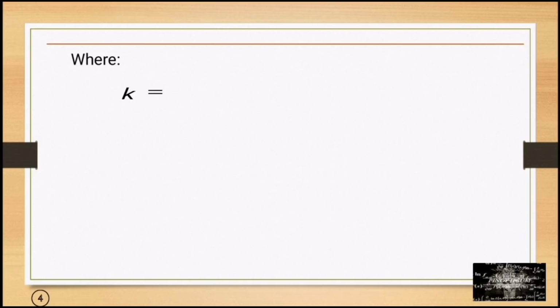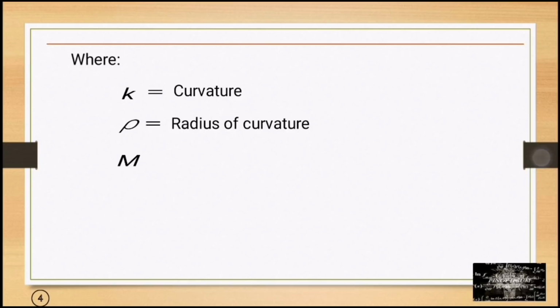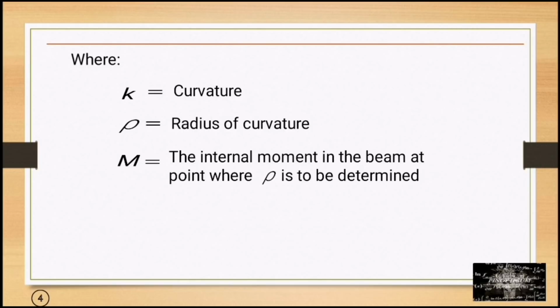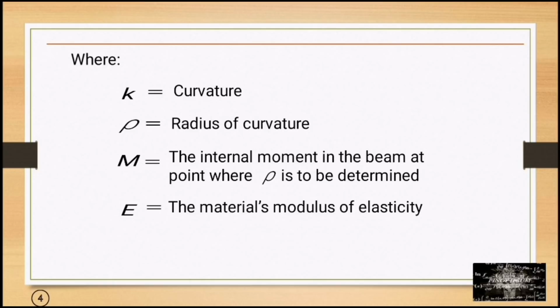Where K is the curvature, rho is the radius of curvature, M is the internal moment in the beam at the point where rho is to be determined, E is the modulus of elasticity, and I is the moment of inertia.